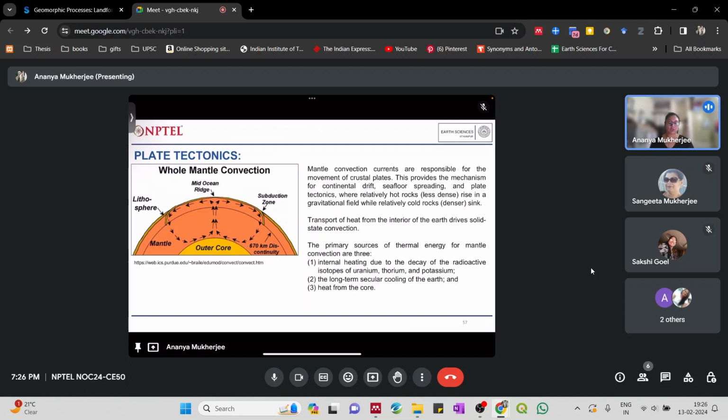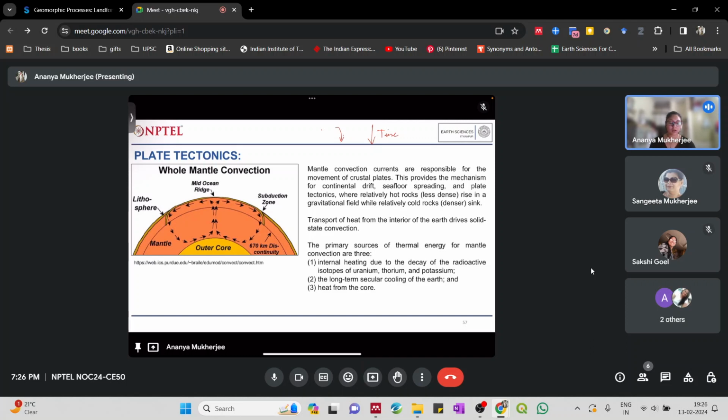So what actually is happening is that as the cooler material is going down, as we go down your temperature is going to increase, okay. So when the temperature increases, that means this material is actually reaching a hotter stage.